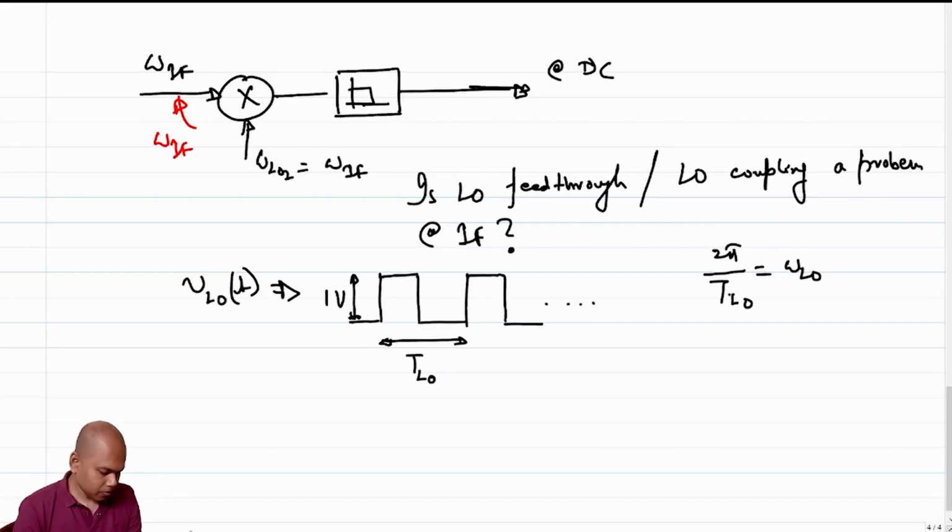Now let's further assume that when this coupling is happening, it's not like the entire VLO(t) is getting coupled into the mixer port, right? What generally tends to happen is that there is a capacitor responsible for this coupling, and there are some resistors associated with it.